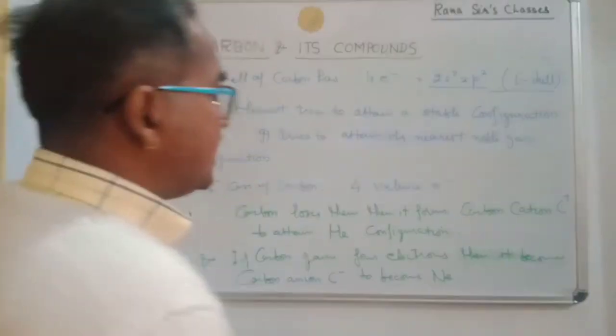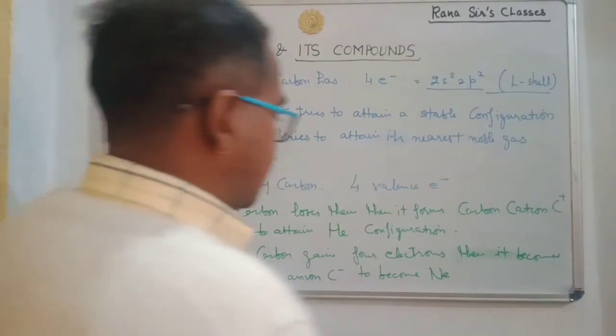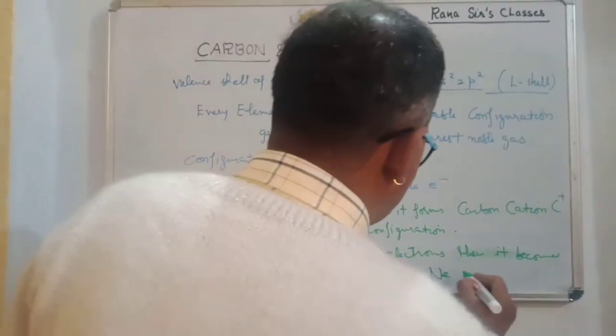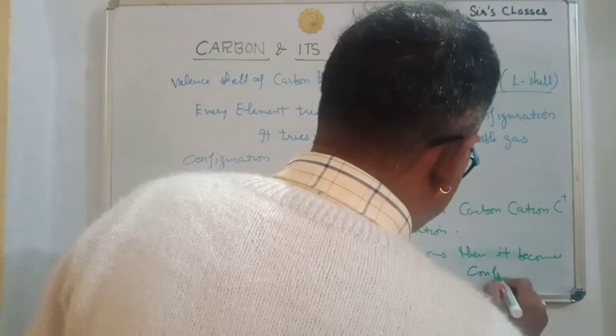So if you add 4 to carbon's 6, it will be equal to neon configuration.